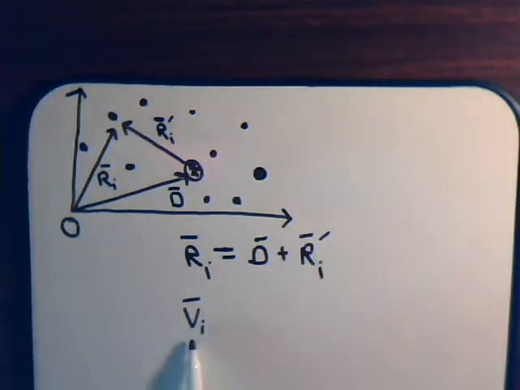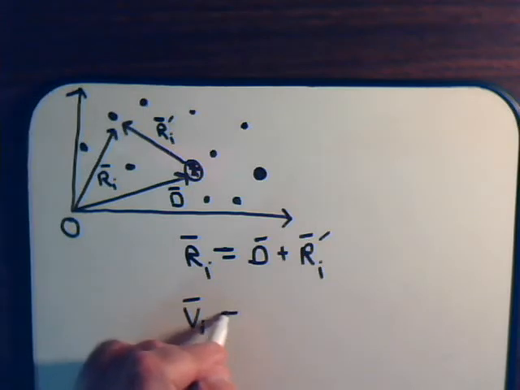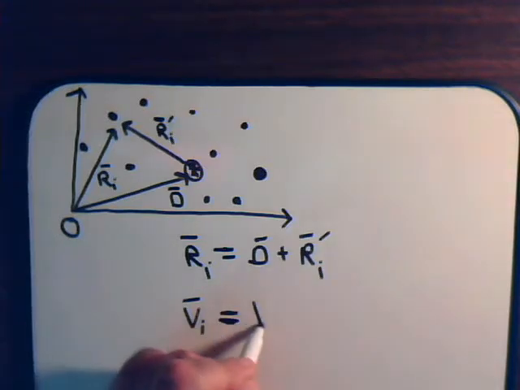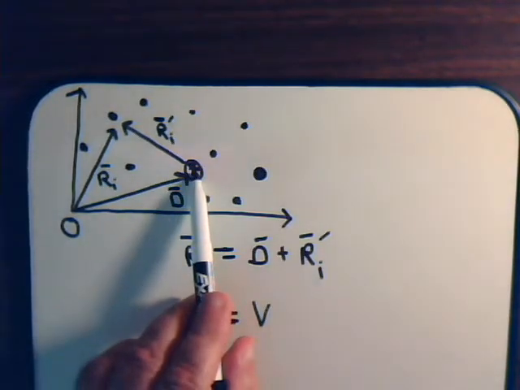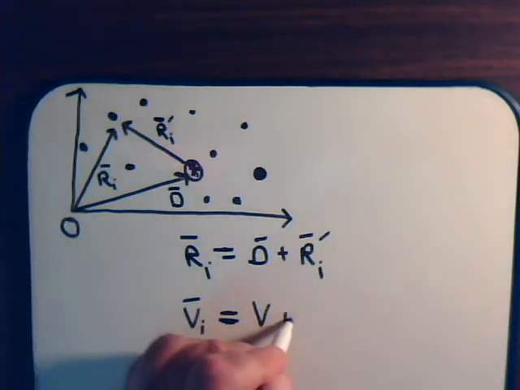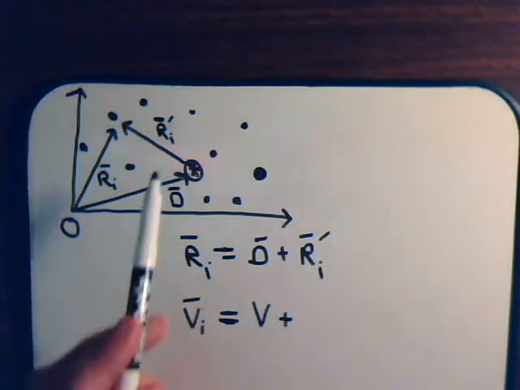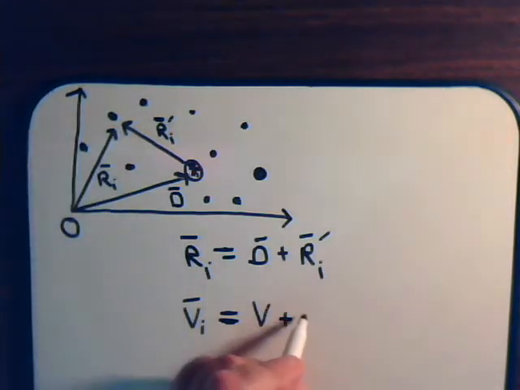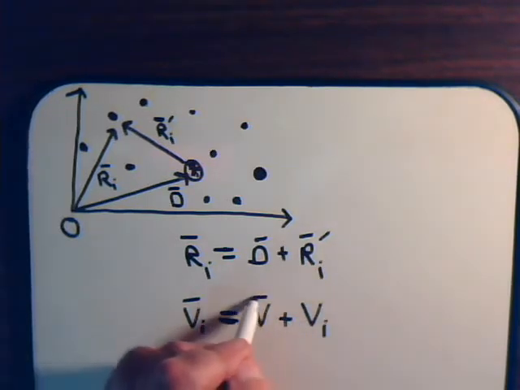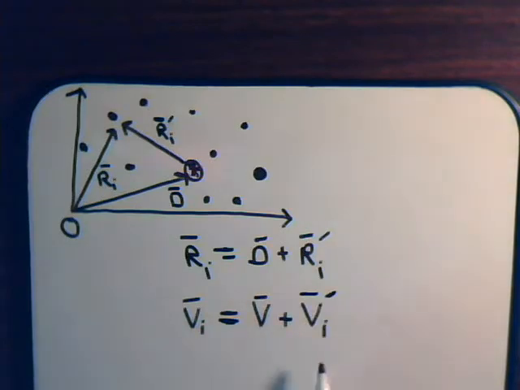That's what Vi would be, and that will equal the derivative of this, the velocity of the center of mass relative to our observer at point O, plus the time derivative of this vector, which is the velocity of particle i, or of celestial object i, relative to the center of mass.